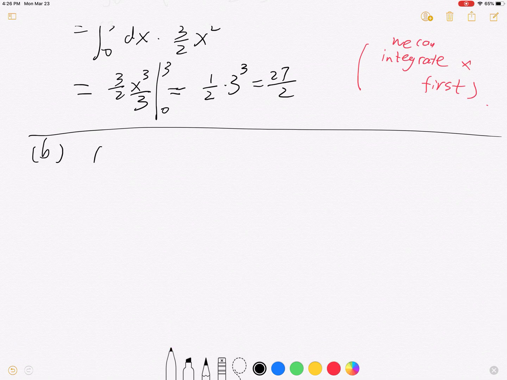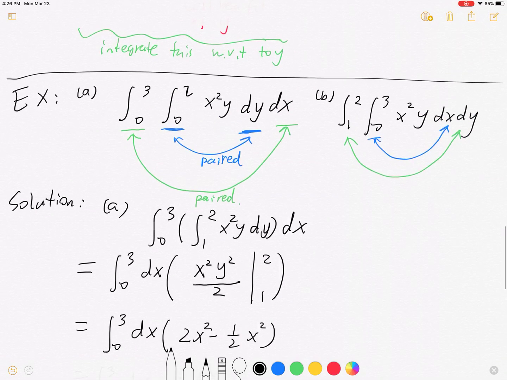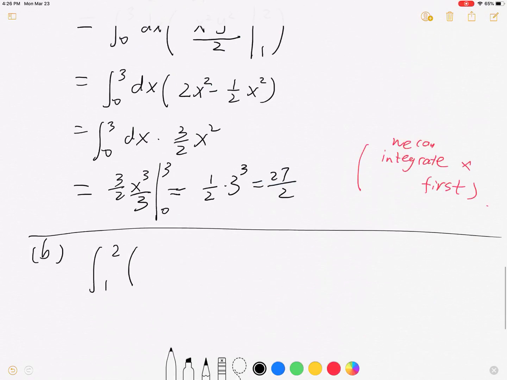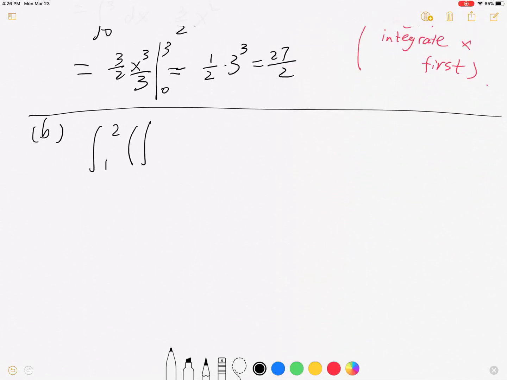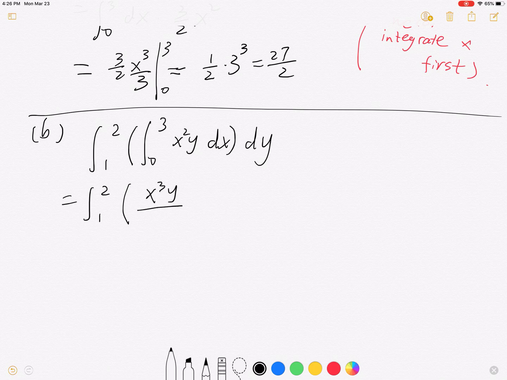And for b, the natural order is integration with respect to x first, then y: 1 to 2, 0 to 3, x squared y dx dy. Inside you have x cubed y over 3, from 3 to 0, dy.